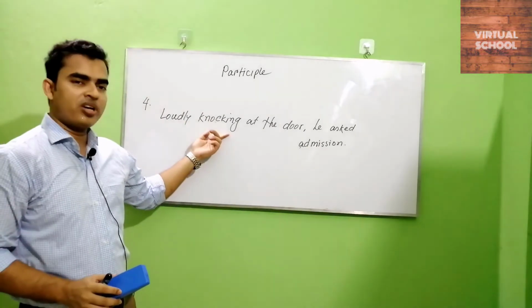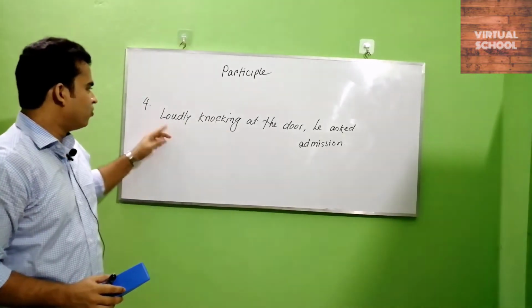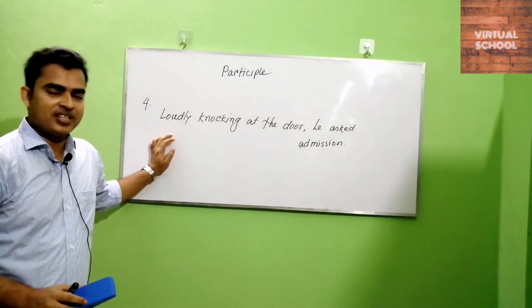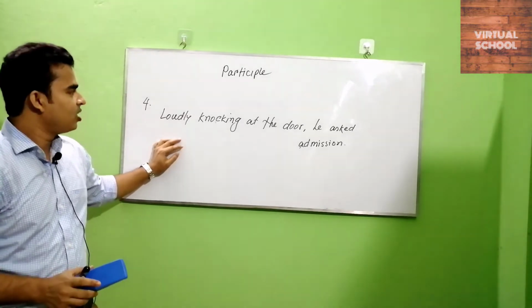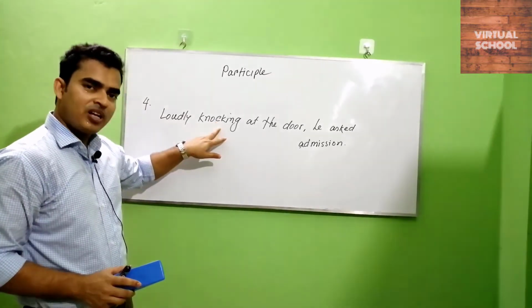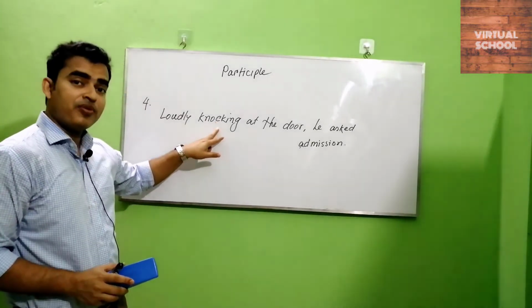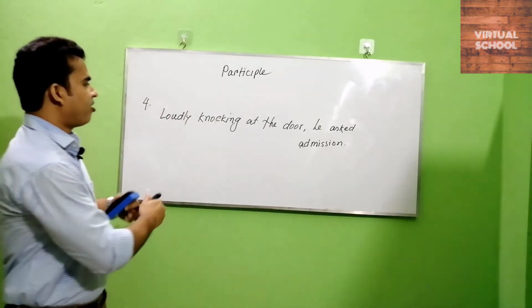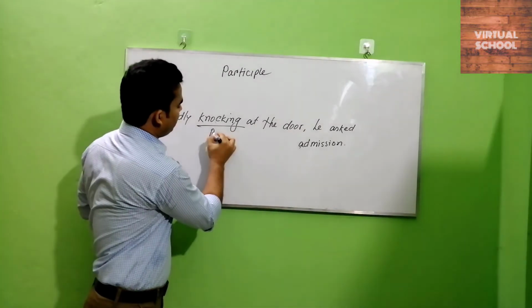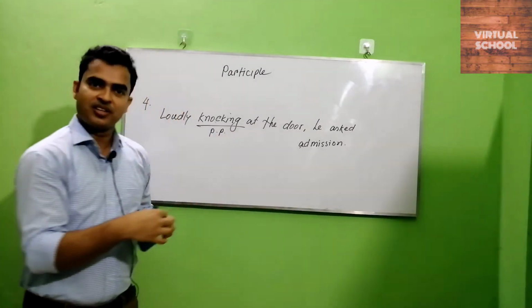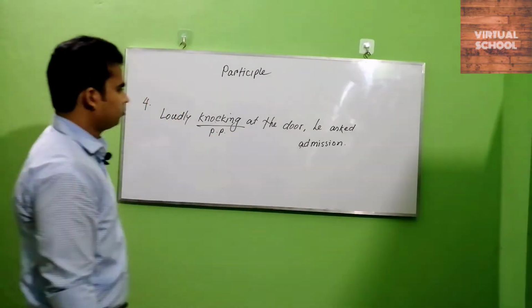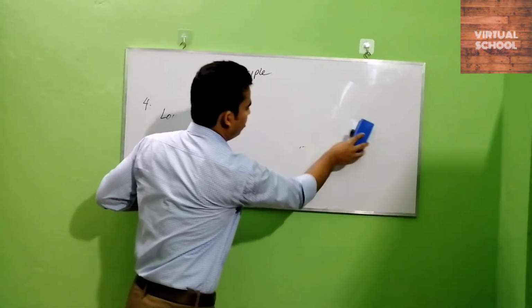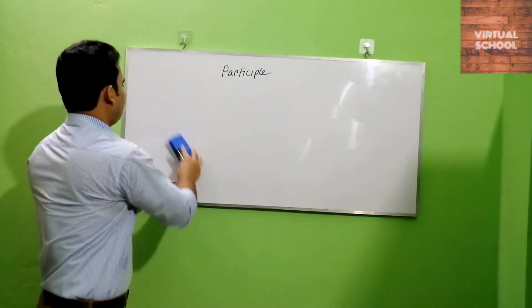Here, the word knocking has been modified by the word loudly, which is an adverb. So, the present participle here has been modified by the adverb loudly. Okay, here knocking is a present participle. Clear?